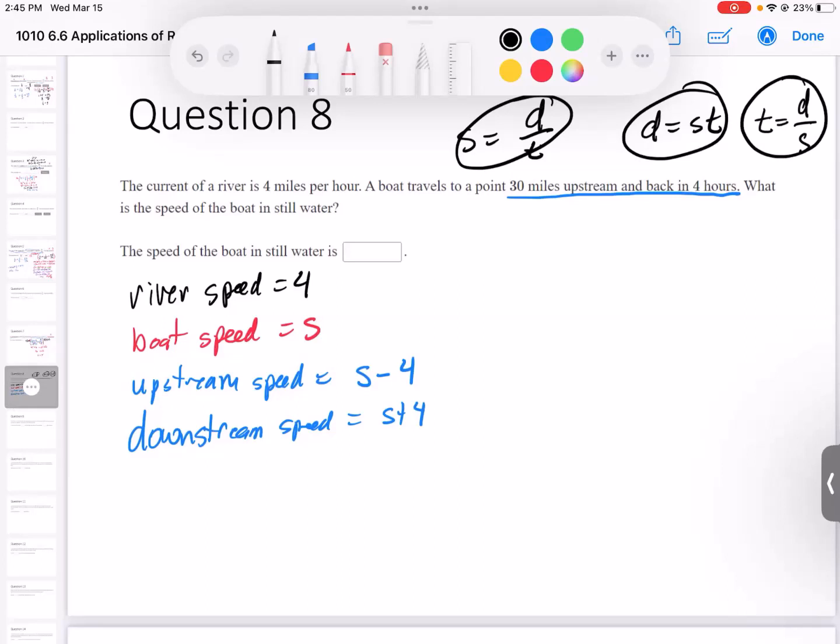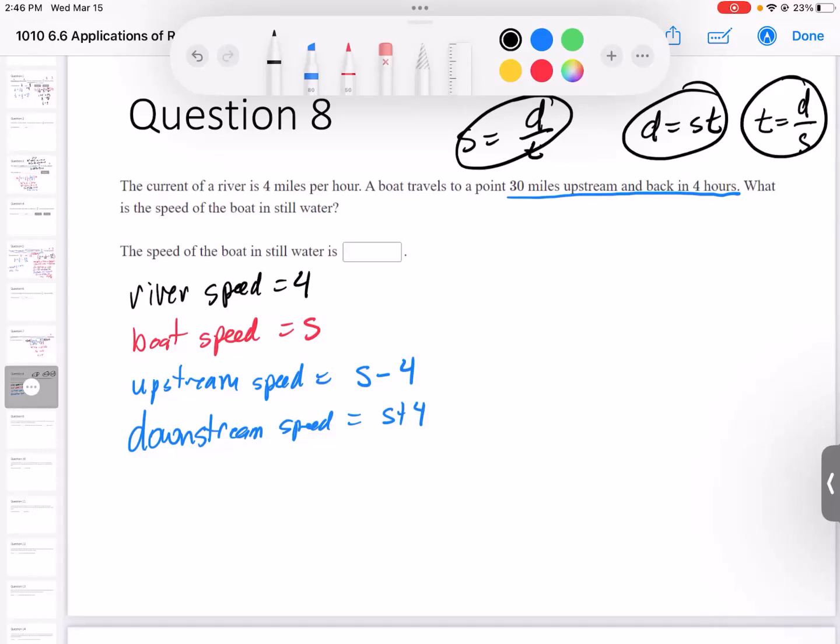Okay, so now we'd say, okay, well, we know the distance. The distance is 30 miles upstream. They go 30 miles up, they go 30 miles back. So the distance is good. And we know that the total amount of time it took to go upstream and downstream was 4 hours. But the thing we don't know is how long it took to go each part of the journey, right? Like we know upstream is going to take longer because you're working against the river, but we don't know exactly how much longer it is.